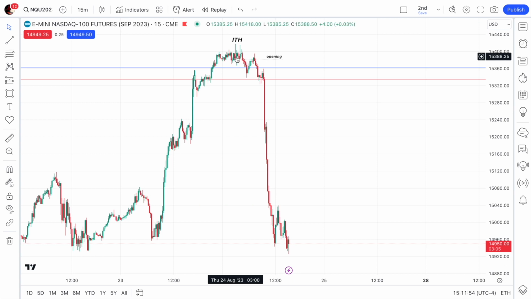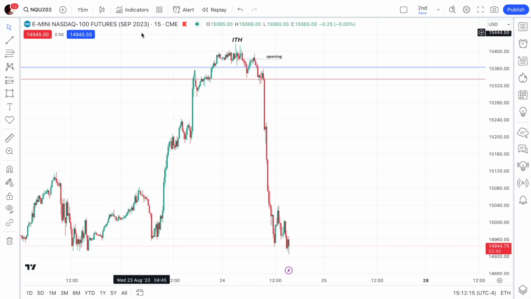So intermediate term high, and then we have this swing high to the right of it, and this swing high to the left of it. Because it's above opening price, that's a high probability intermediate term high that won't be traded above. So this would be our London high of the day. So then we return back above it, create another intermediate term high right here, above opening price.